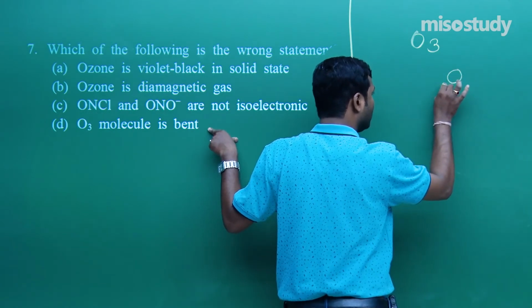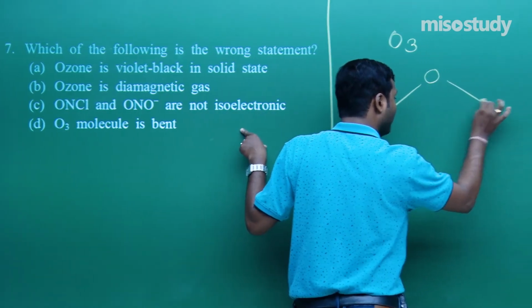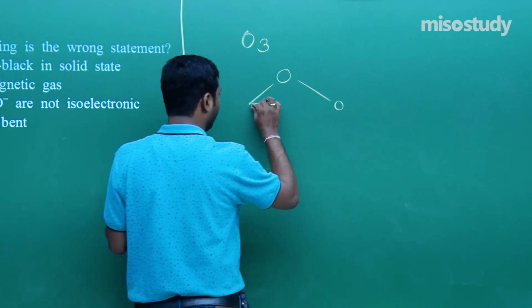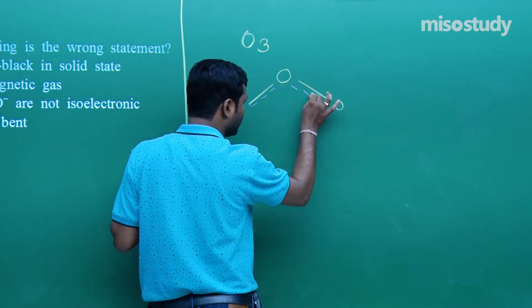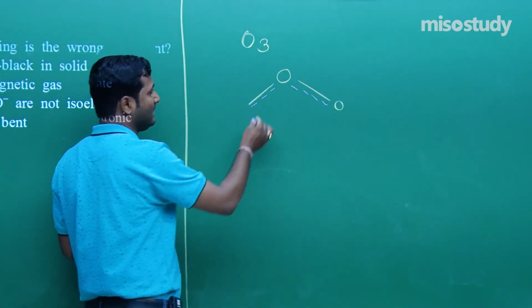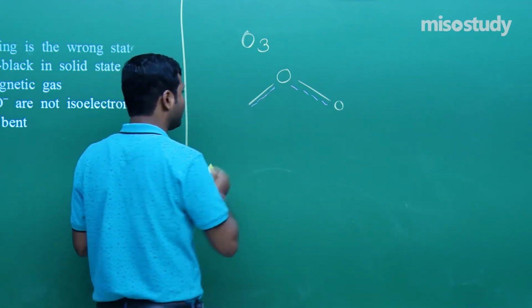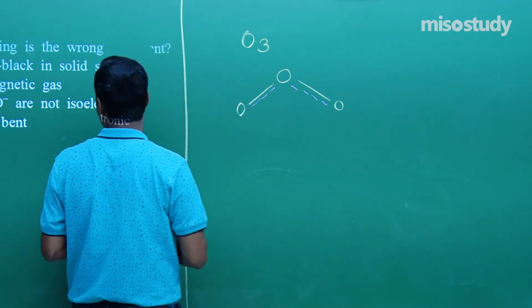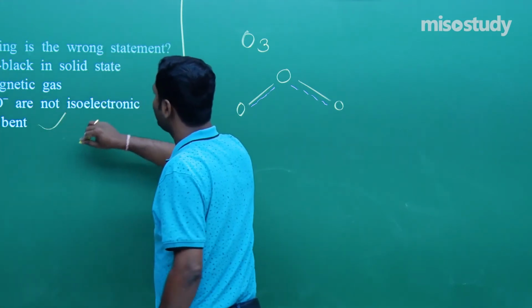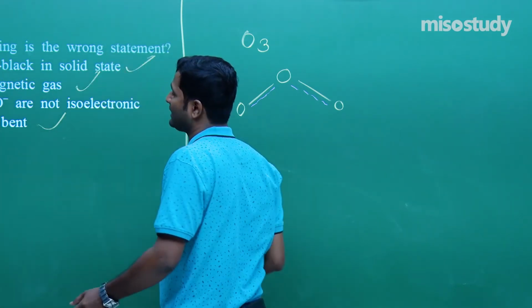If I draw the structure of O3 like this, it exists as two resonating structures. Do you remember this? This is the resonating form. This one is correct, this one is correct, and this one is correct for ozone.